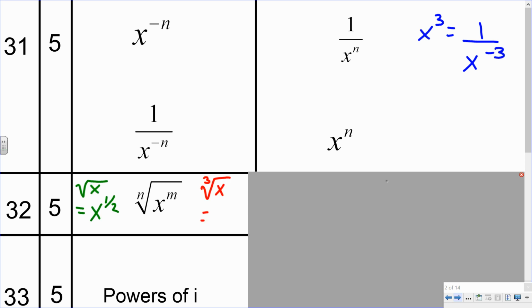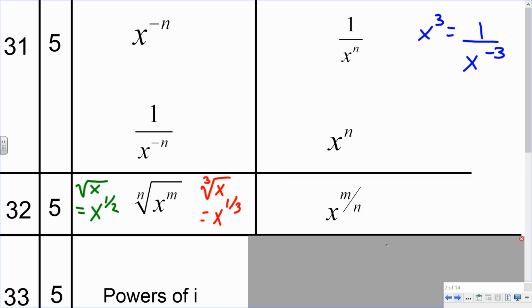How would we write that one with an exponent? Ashani? It would be x to the 1/3. So the root becomes the denominator of the exponent. So if we have both, x to the m is still x to the m. The root would become the denominator of that.